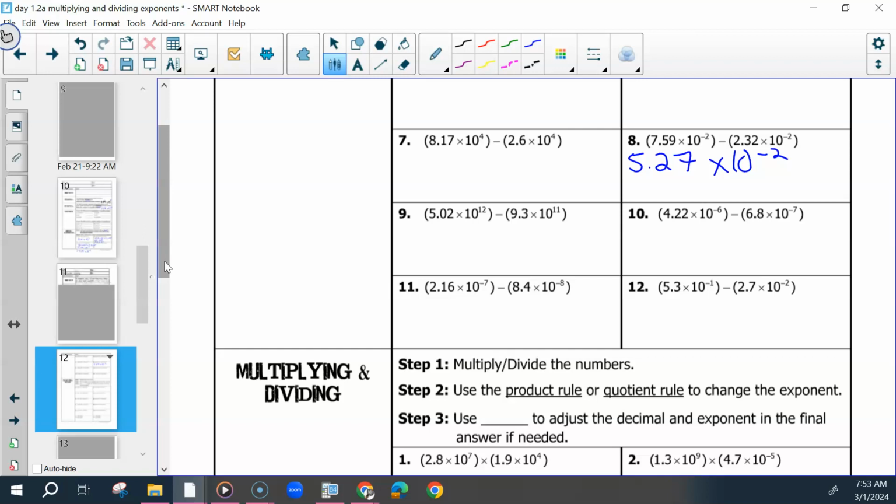Alright, so let's do an example where we have to change it, like number 9. Do you want to change the first or the second? The second. Okay. So in order to make this 12, we have to add 1, so we're going to move this to the left.